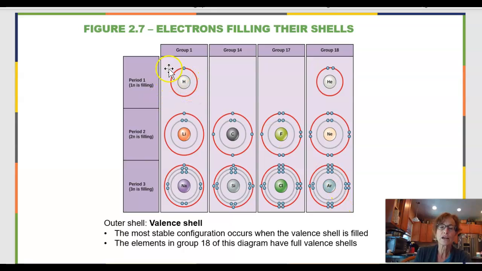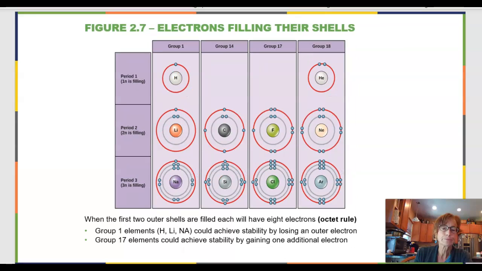Whereas the ones on this side, which would be on the left-hand side of the table, are unstable because they only have a lonely electron in that outer energy level, and therefore could fit a lot more of these. That makes it somewhat of an unstable position. So we're going to look at these in particular with some chemicals and some compounds, some ionic compounds coming up.